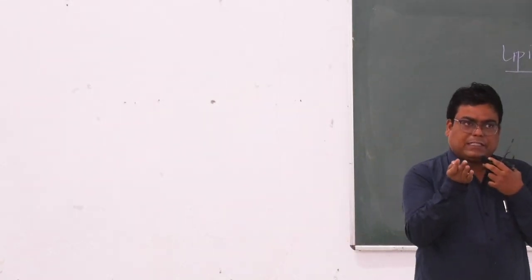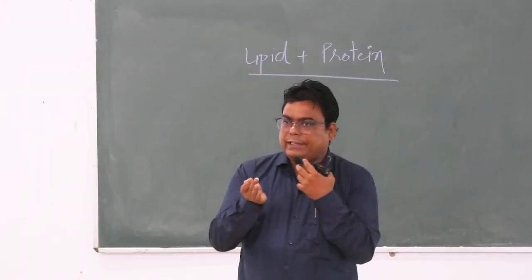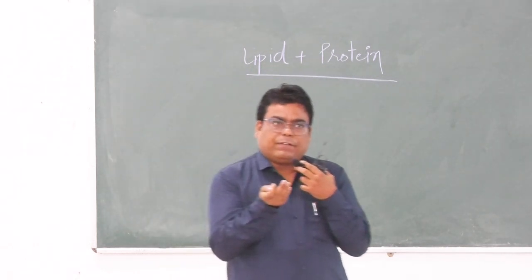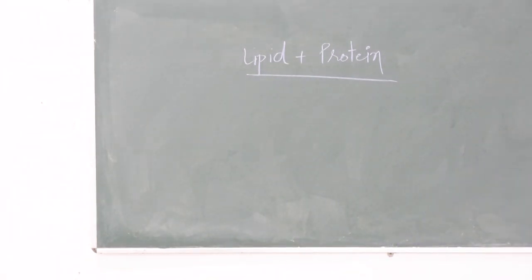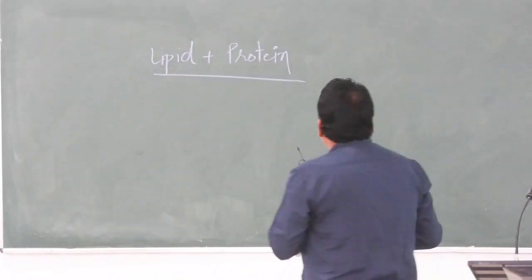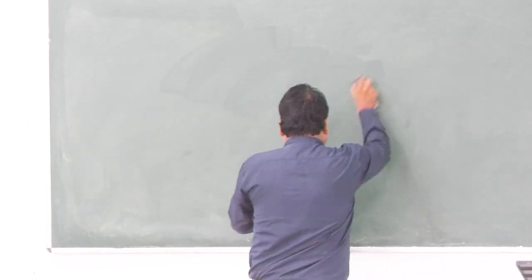So what is the basis of density? Those molecules which are highly conjugated, which contain a more proportion of proteins, separate and settle down first, and those molecules which have a low proportion of proteins settle down later. So let me show the diagram first.